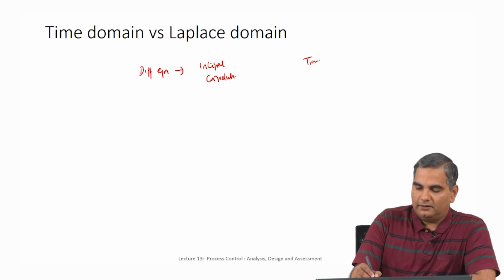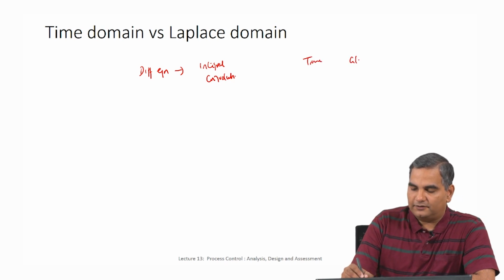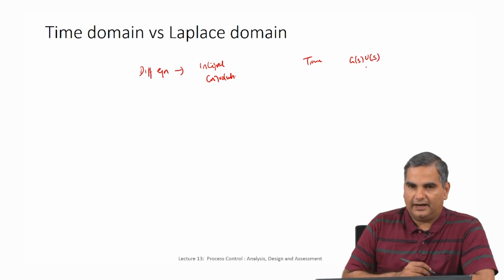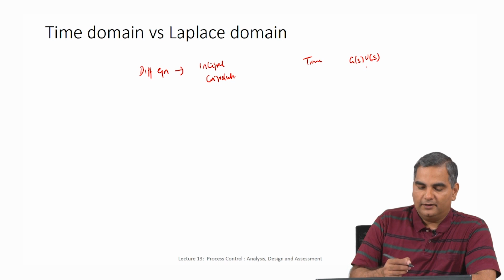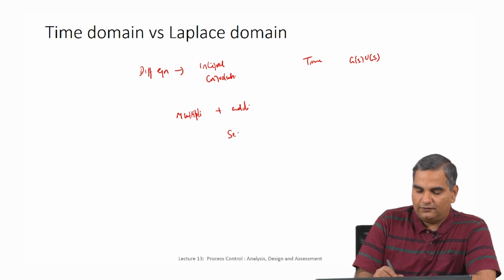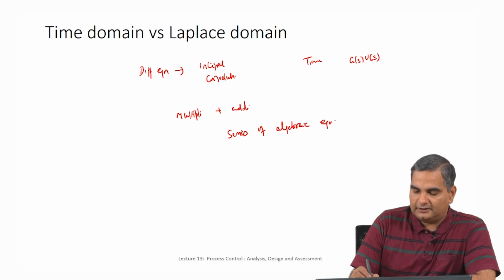In the Laplace domain, this simply becomes multiplication, g of s times u of s. The blocks use only multiplication and addition, so you will have a series of algebraic equations, and we will see this in the next lecture.